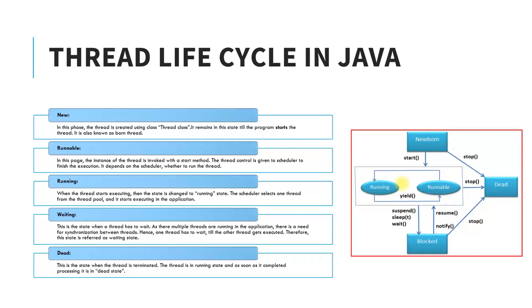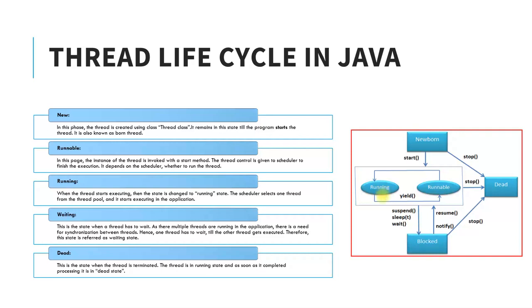The yield method says that we are not in a hurry. The next one of the threads in the queue can take this resource, and it will take the runnable state, and sometimes it will take the running state depending on the operating system.